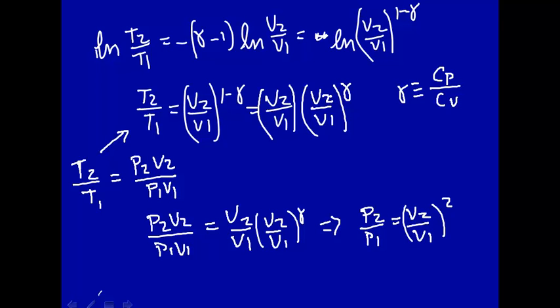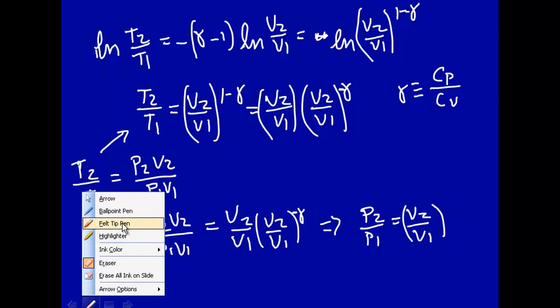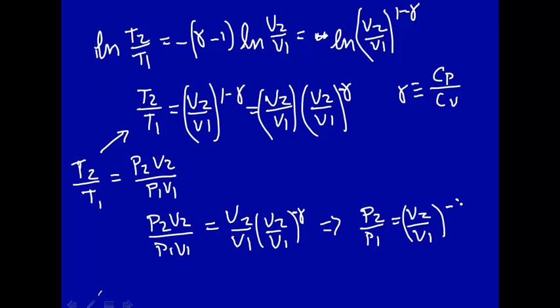It's 1 minus gamma, so this should be a minus here, and that's a minus gamma there, and there should be a minus gamma. You can just flip this around to make this V1 over V2 raised to the gamma power.